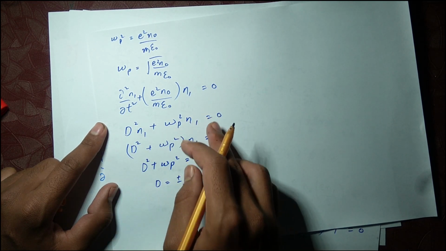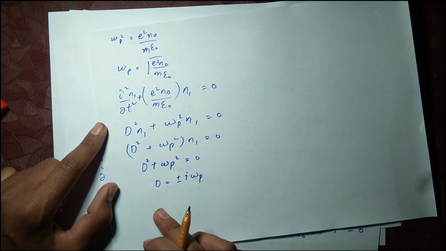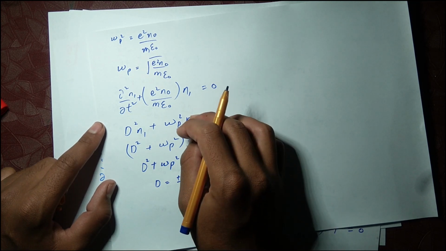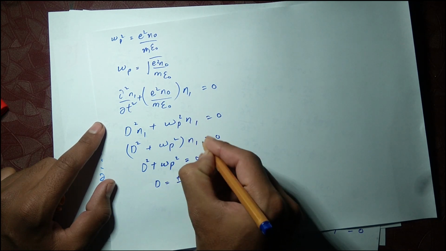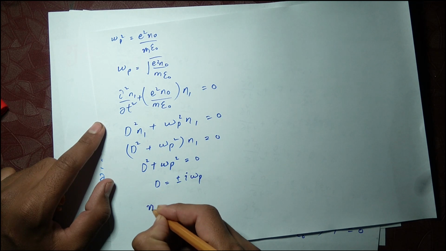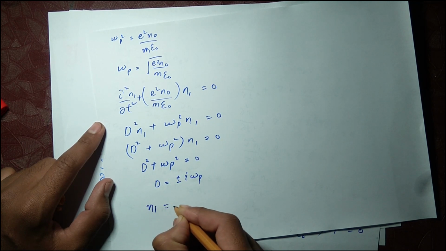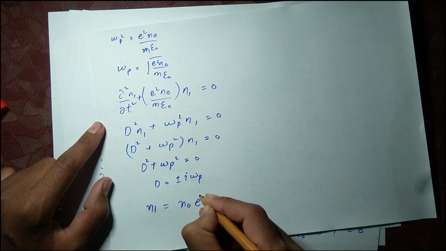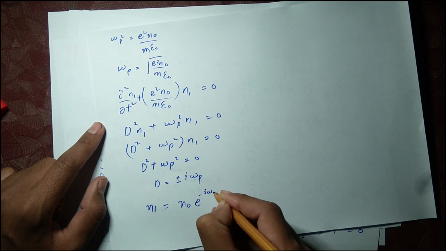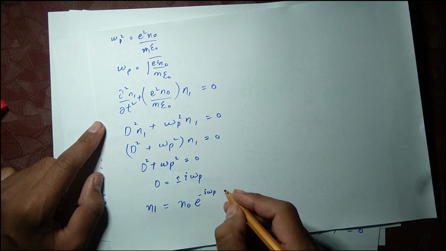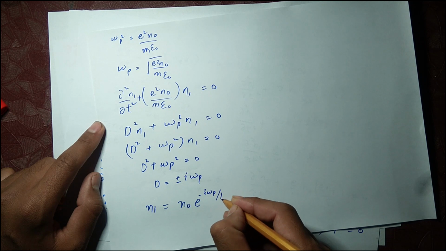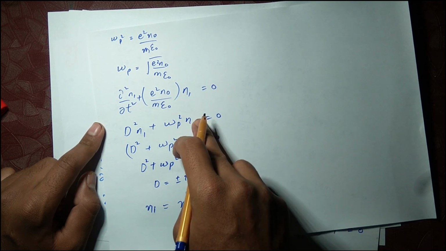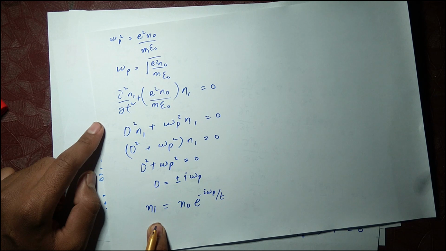From this characteristic equation you form an auxiliary equation, and the solution is n1 equals n naught e power minus i omega p t.